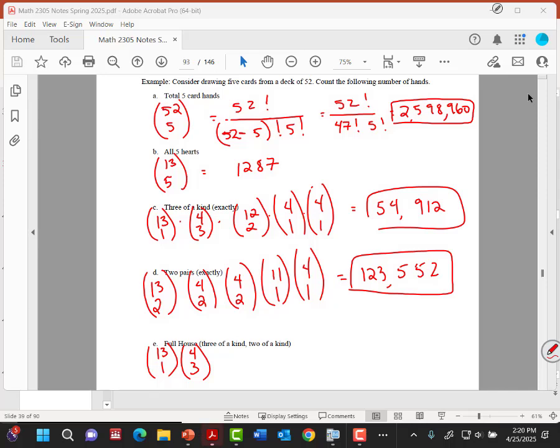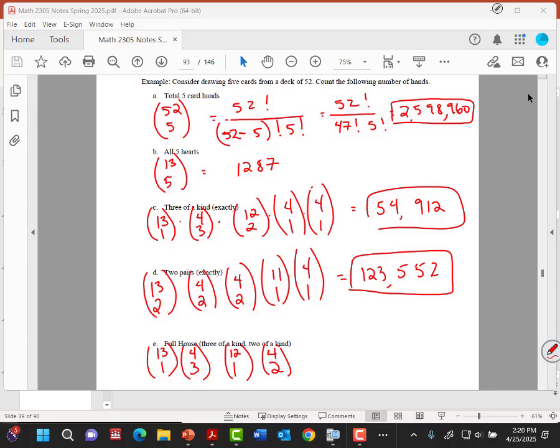Now, I have to select my pair, or my 2 of a kind, to go with it. From the remaining 12 denominations, choose one of them to be the denomination that my pair comes from. And then, from the 4 in that denomination, choose 2 of them to finish out my hand and make a pair.